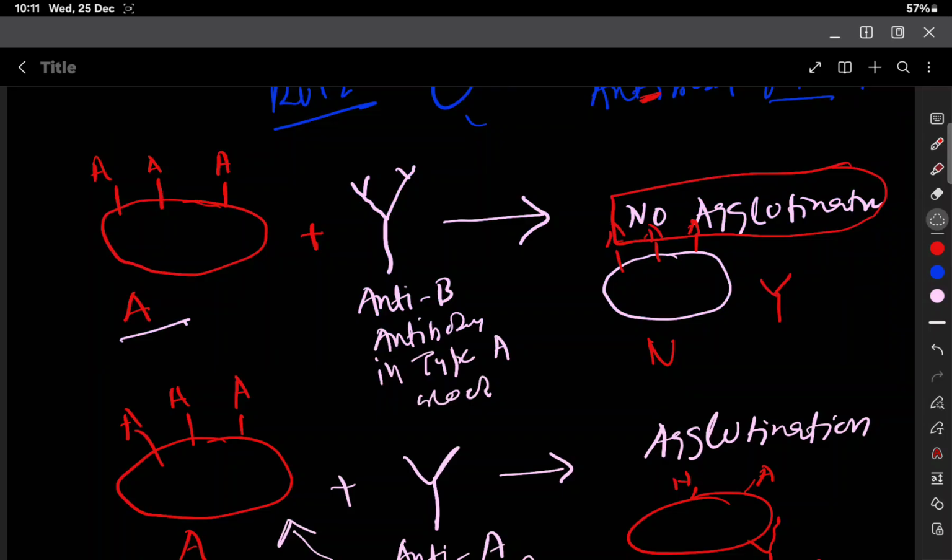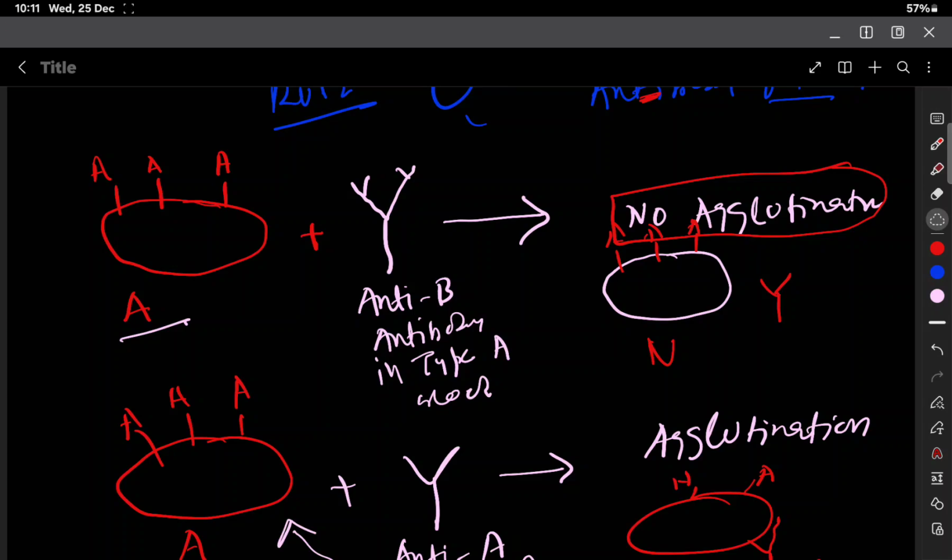And transfusion reactions, there are some transfusion reactions which occur due to ABO incompatibility. For example, transfusion reactions are adverse reactions in the body which occur due to transfusion error, that involves transfusion of incompatible or mismatched blood. Sometimes the mismatched blood is transferred, okay.